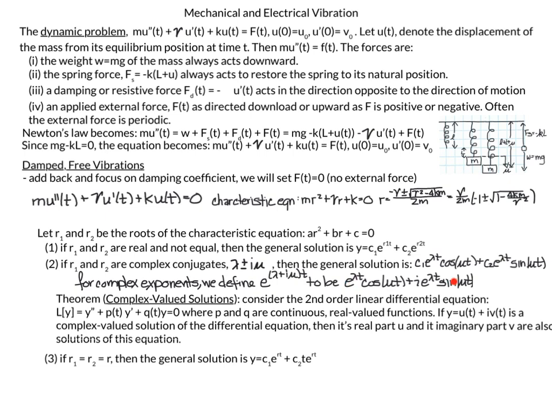So what we did is we would drop the i and we would take the solution to be c1 e to the lambda t cosine mu t plus c2 e to the lambda t sine mu t. So we dropped the i here because of this theorem.